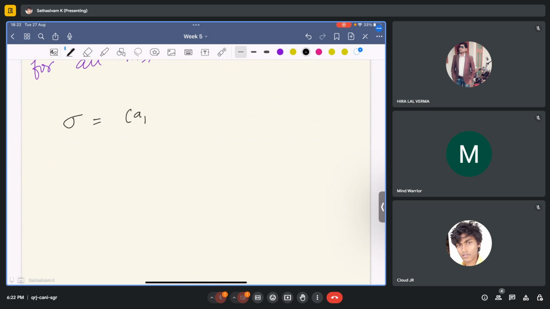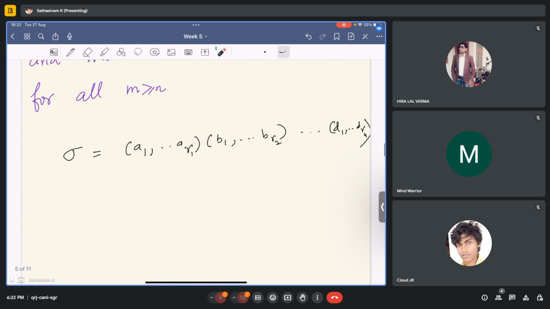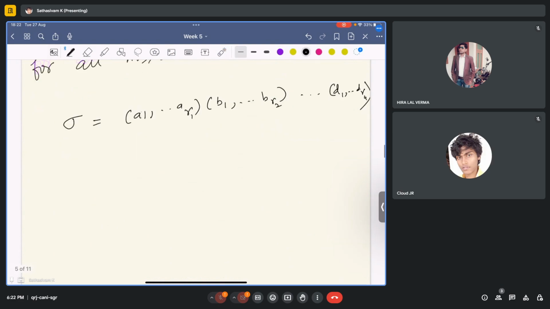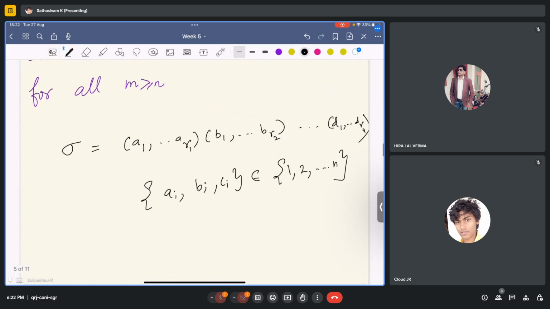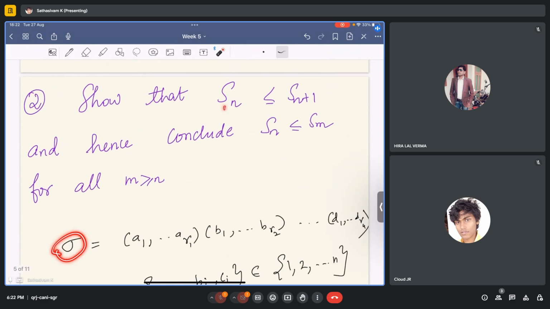So write it as some a1 to ar1 and b1 to br2, etc. Now what you can observe is that all these numbers, these ai's, bi's, ci's, all the elements that come here, all of them belong to the set 1 to n, right? Because sigma is an element of Sn.